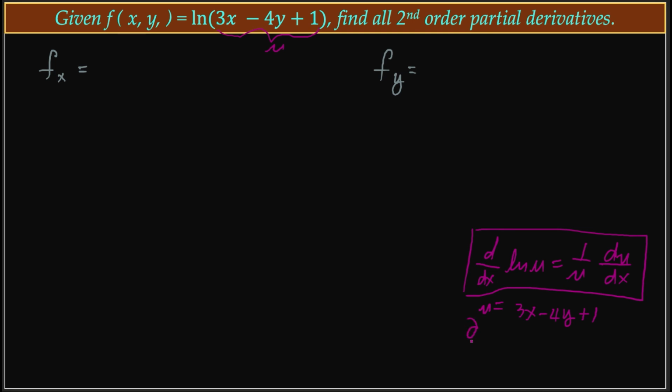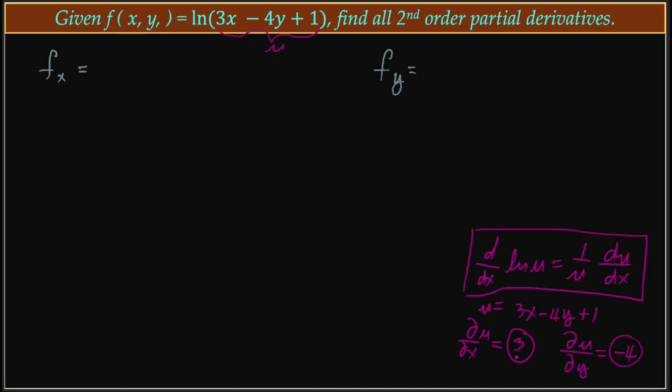And what is the partial with respect to x of u? With respect to x, that will be equal to 3. And what is the partial of our u with respect to y? With respect to y, that is equivalent to negative 4. So that's the answer.